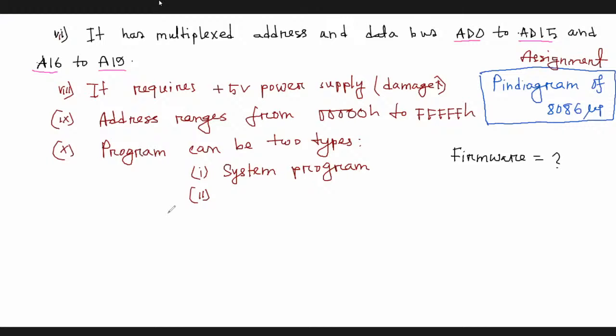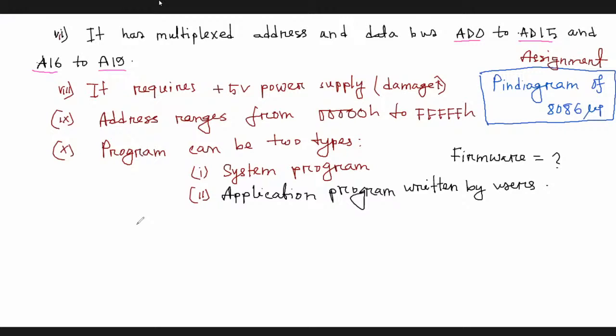So system program, and the second one is application program written by users. Application programs are written by users.